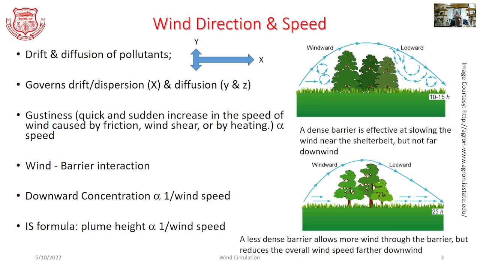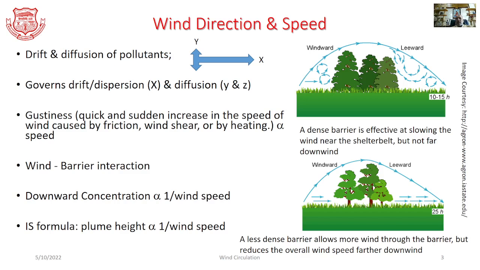Gustiness is a quick and sudden increase in the speed of the wind, which is caused by friction. So if we consider some topographical features, maybe a hillock or certain artificial structures, say buildings, it will cause a hindrance in the direction of that wind.